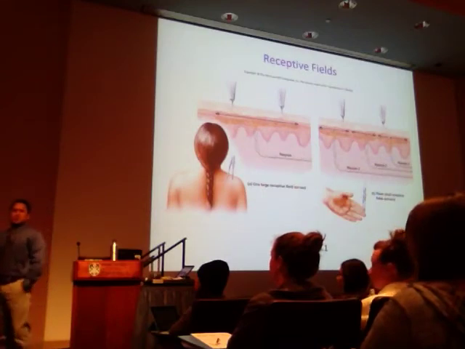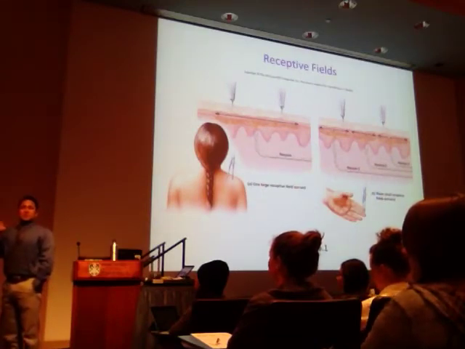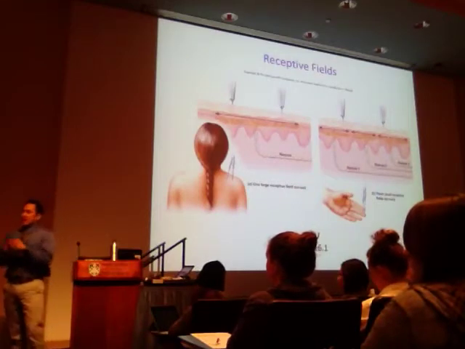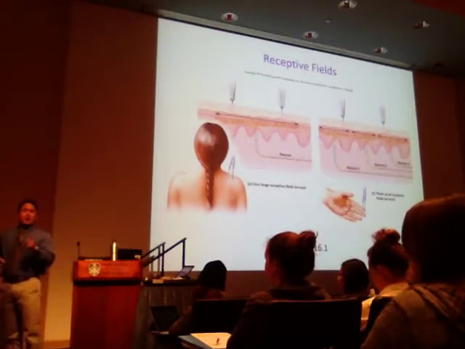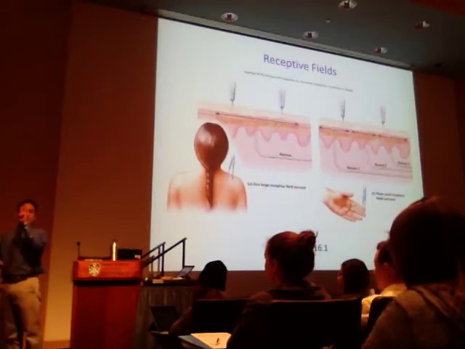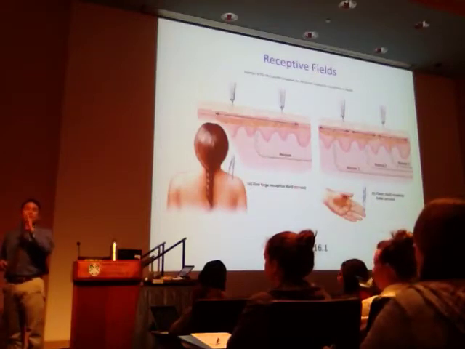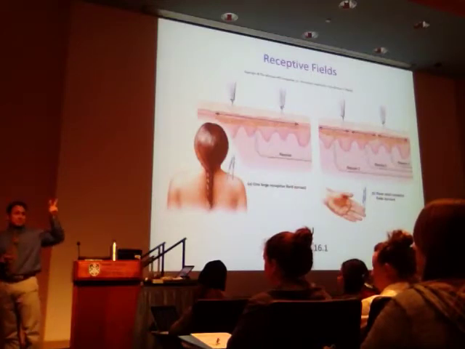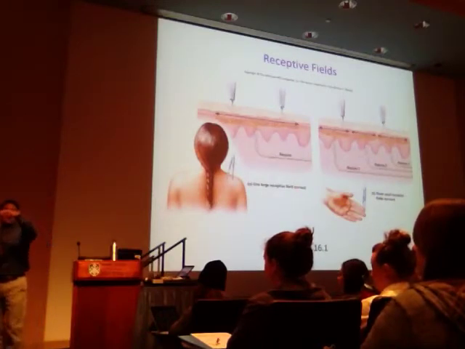So he's going to turn around, he's going to close his eyes because I don't want any other information coming in. Okay? And in a large receptive field area, I'm going to use 2 or 3 or 4 or 1 or 5 points of discrimination. Okay? You guys ready? And he's going to tell me how many they are.